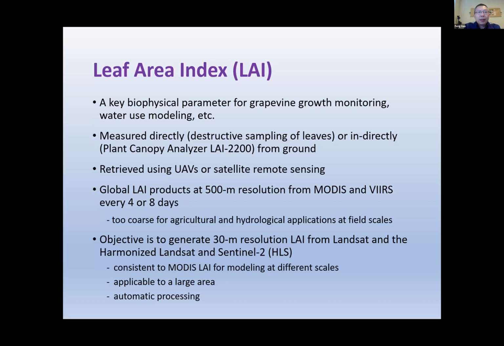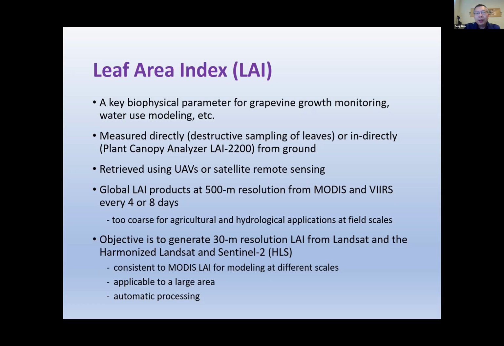As we know, leaf area index is a key biophysical parameter for grapevine growth monitoring and water use modeling, and it can be measured directly or indirectly from the ground. It can also be retrieved using UAV, as we saw in the previous presentation, and also from satellite remote sensing.